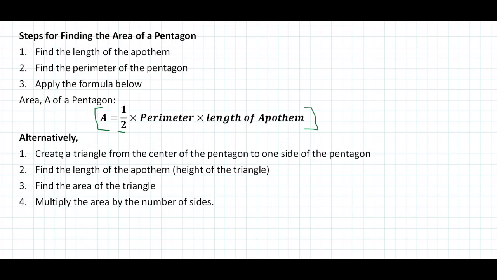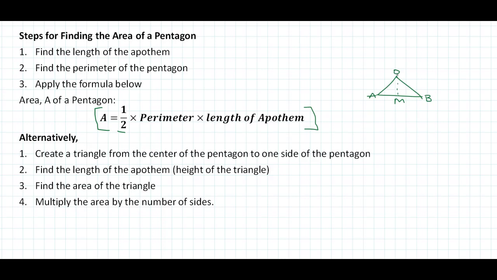But here's another method. We're going to create a triangle from the center of the pentagon to one side of the pentagon. So we're going to form a triangle, something that looks like this. And we're going to find the apothem here. So this is OM. Let's call this AB here.